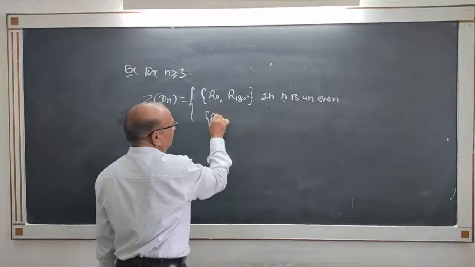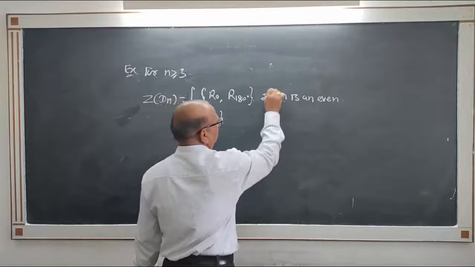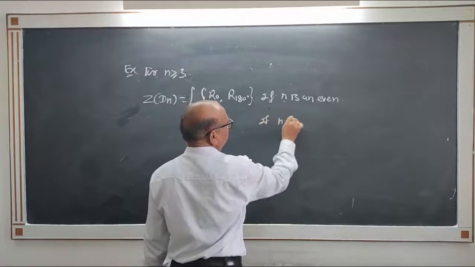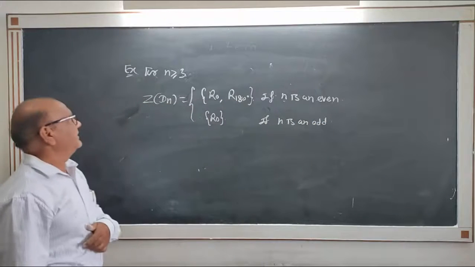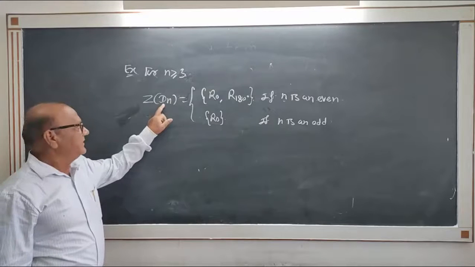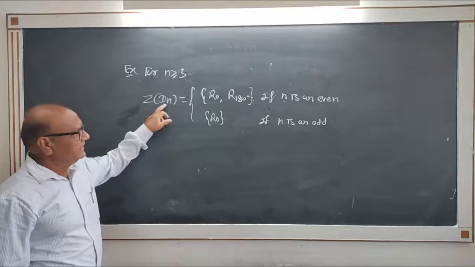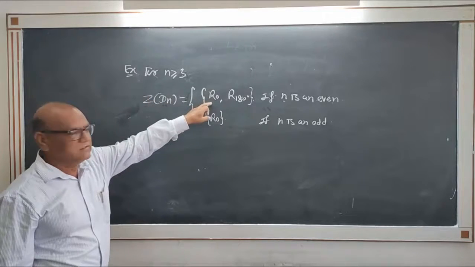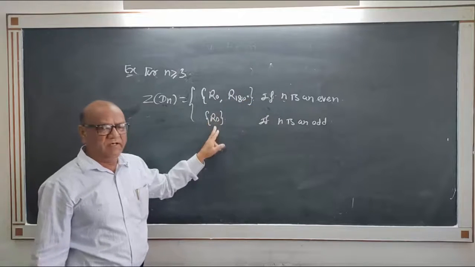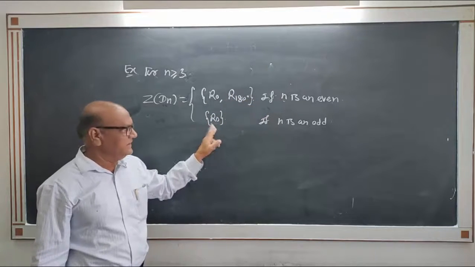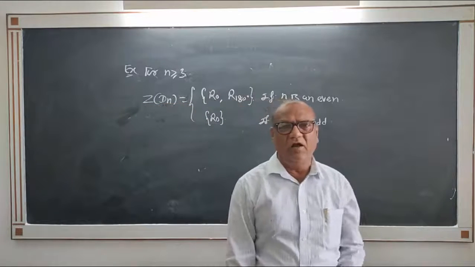Otherwise, only singleton R0 if n is odd. That is, in a dihedral group, the center of Dn contains two elements, R0 and R180, if n is even, and contains only one element, the identity, if n is odd.